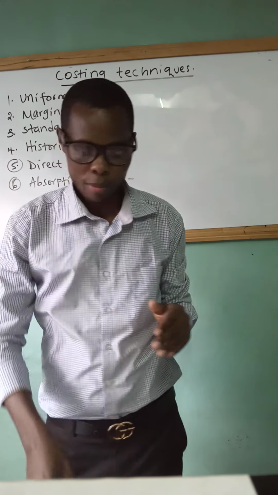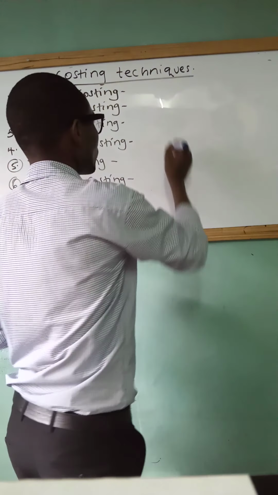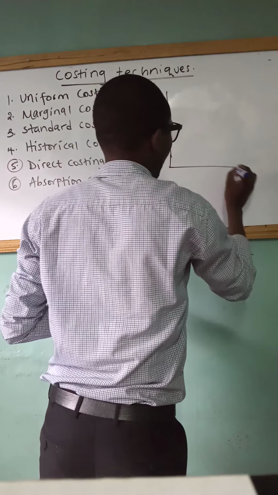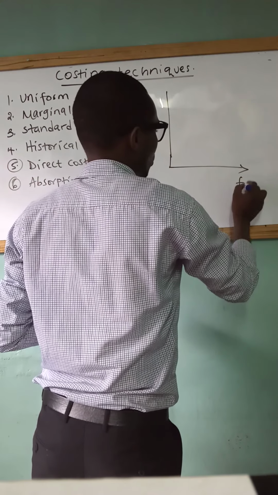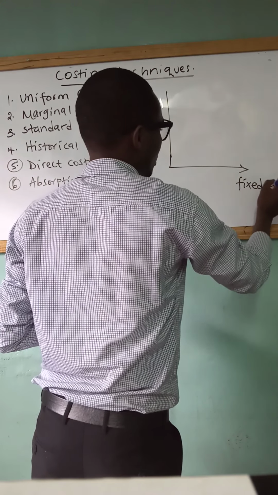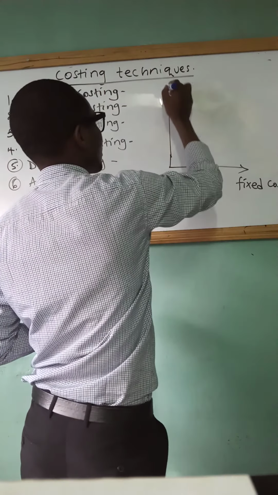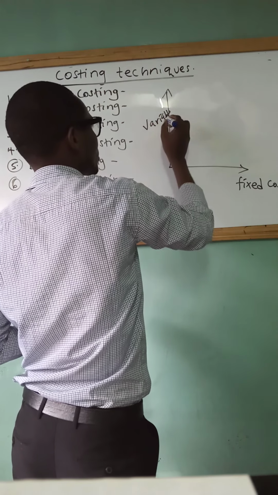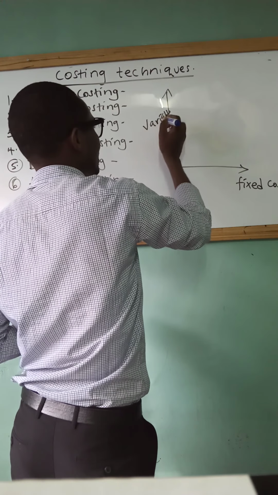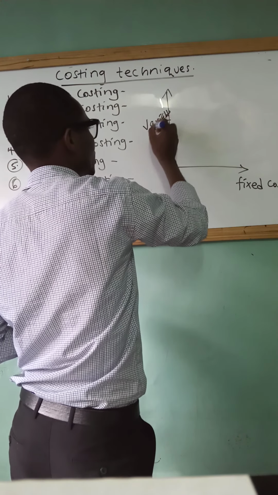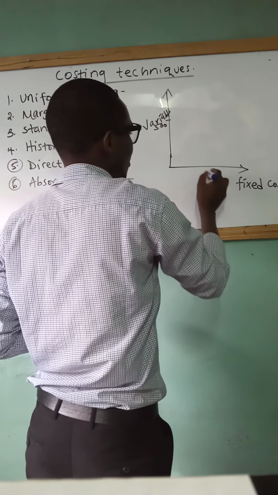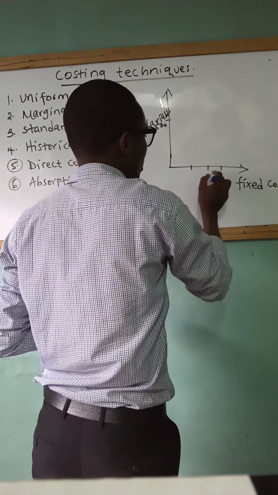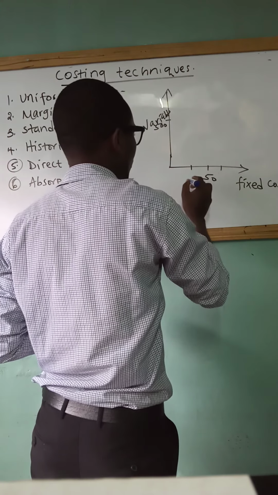All right. Let me assume that we have a graph here. Then we have fixed costs on this side. Then we have variable costs like transport. So let me assume that the cost of transport is 500 shillings, while the fixed costs stand at 50.